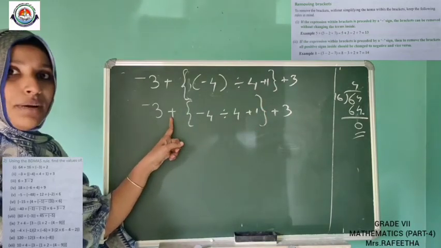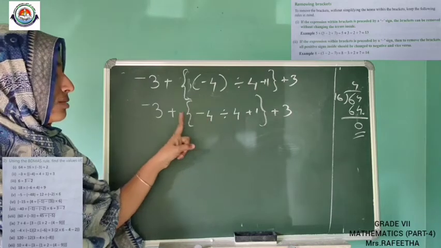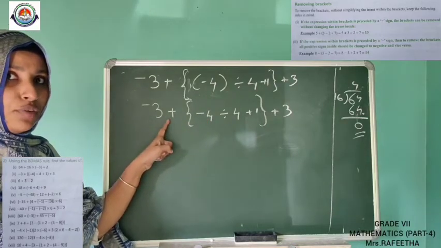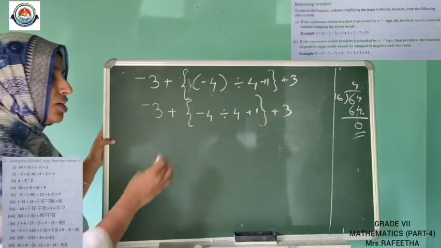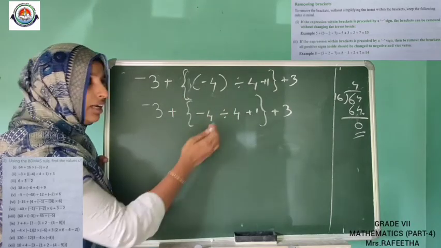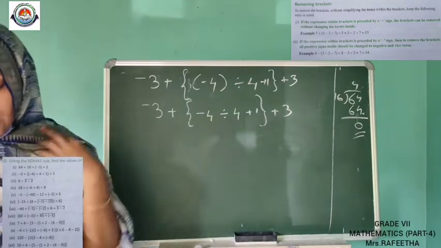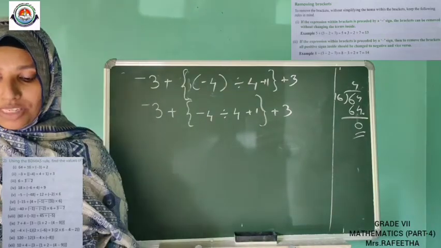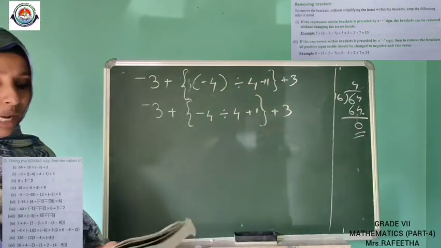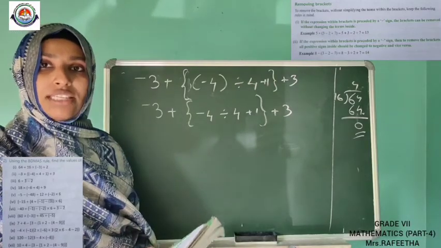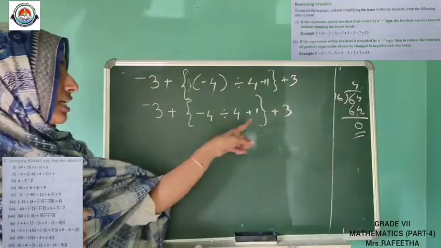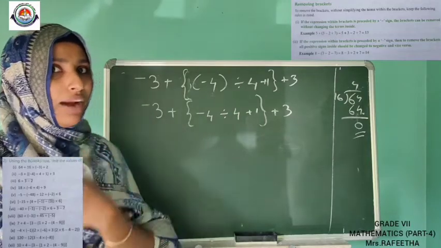Yeah, this sign is plus. That is, we are preceding this bracket with the plus. So if this is plus sign, there is no change. We can only remove this bracket. Okay. So that is this. If the expression within the bracket is preceded by plus sign, the bracket can be removed without changing the terms inside.